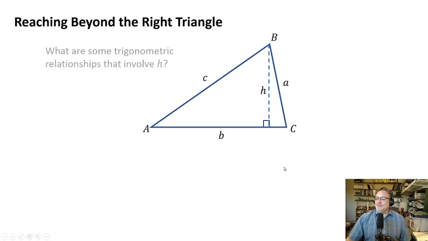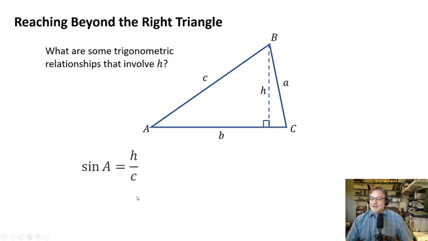And so we're going to ask ourselves the question, what are some trigonometric relationships that we already know that involve h? Since h is a part of two right triangles here. Well, first of all, we know that the sine of A is equal to opposite over hypotenuse, so that's going to be h over c.